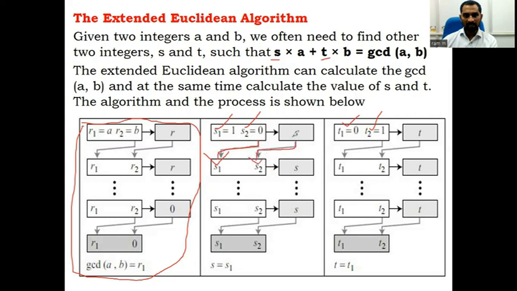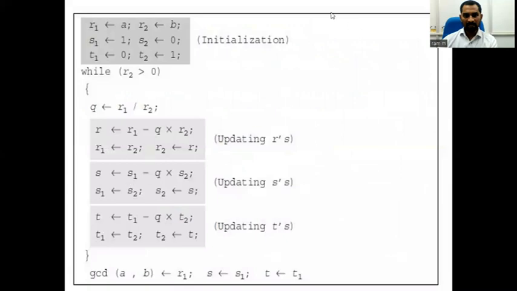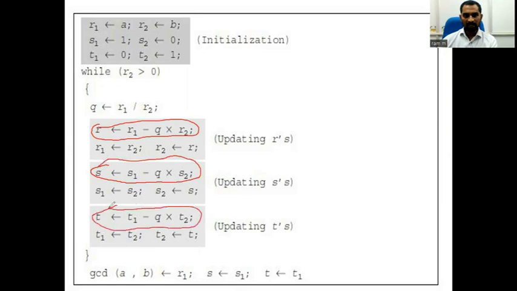Now, how are we going to calculate S? How are we calculating R? In the same way, we are going to calculate S also. This is the extended algorithm. Here we are calculating R equal to R1 minus Q into R2. In the same way, we are calculating S equal to S1 minus Q into S2, and T equal to T1 minus Q into T2.